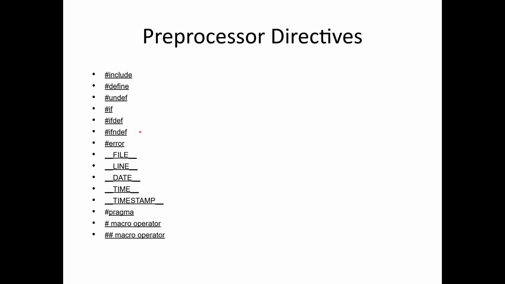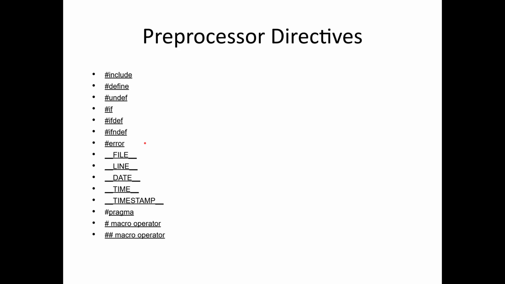Ifdef, ifndef, endif, and else, which are not listed here, are used for conditional compiling. As mentioned earlier, you can break code apart so that it only compiles in certain ways under certain conditions.